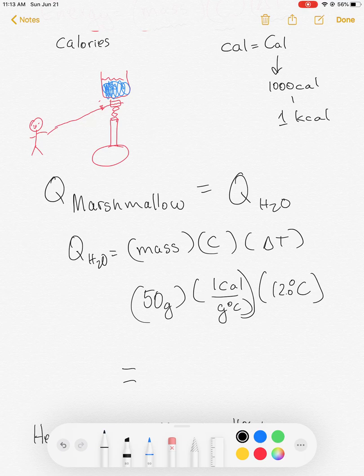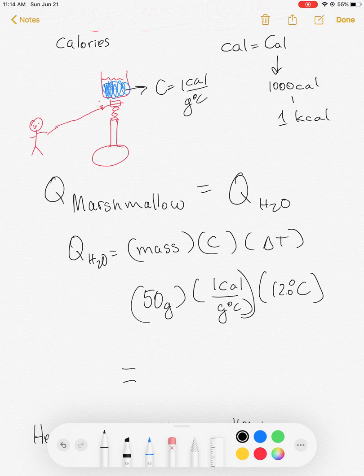Because we do know the specific heat of water. It's 1 calorie of energy for every gram and degree Celsius.